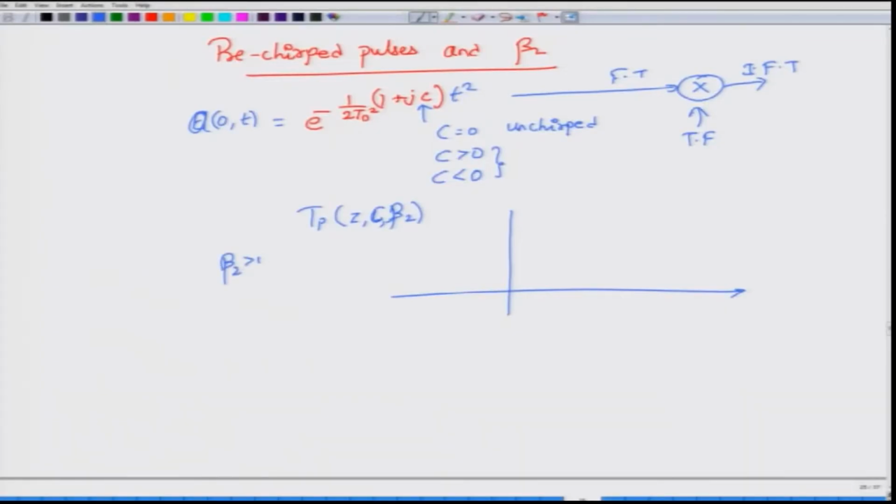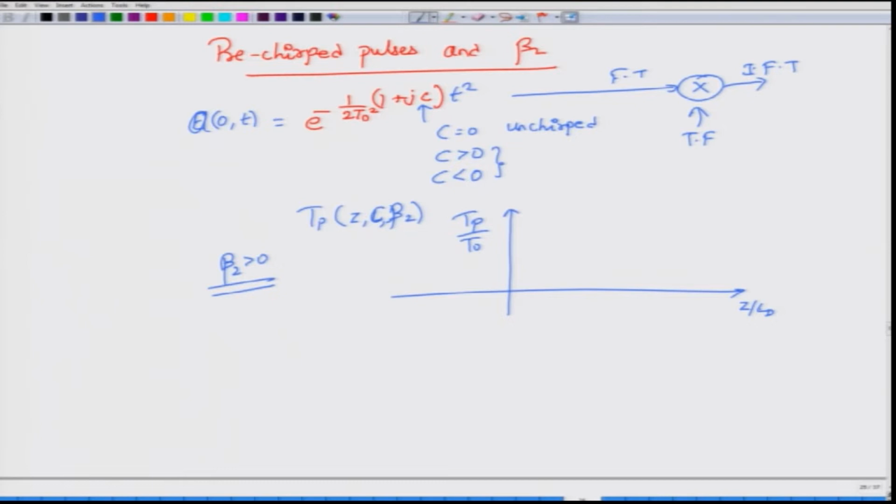First, let us consider the case where beta 2 is greater than 0. I am going to assume that we are working in the normal dispersion regime, and then plot Tp by T0, which normalizes the pulse width with respect to the original pulse width, as a function of z by Ld.